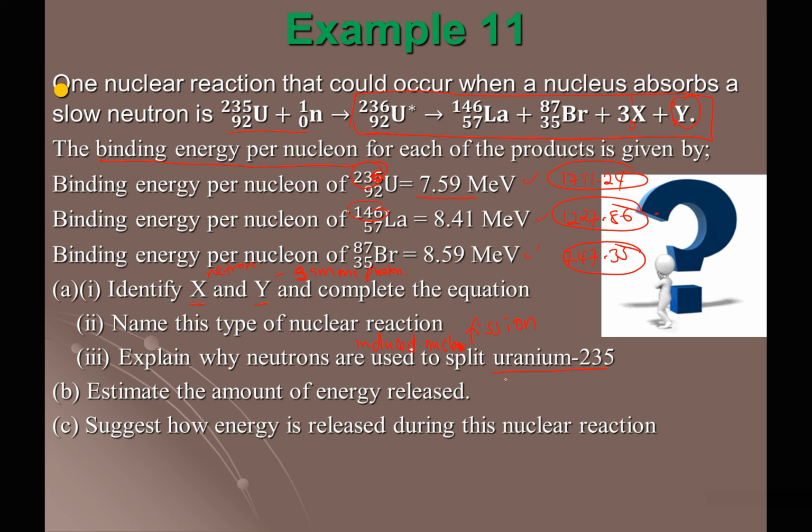The amount of energy released is going to be 1227.86 plus 747.33 minus 1791.24.